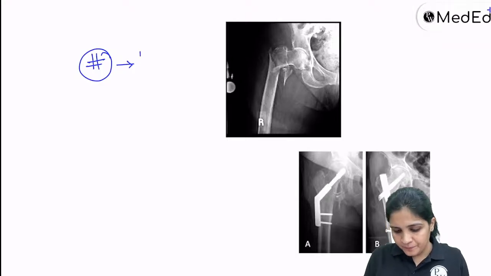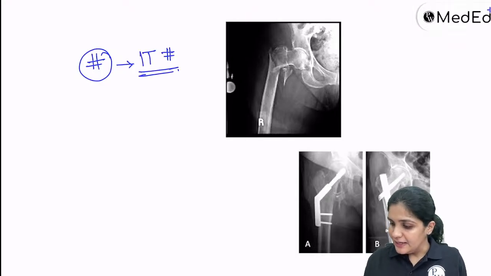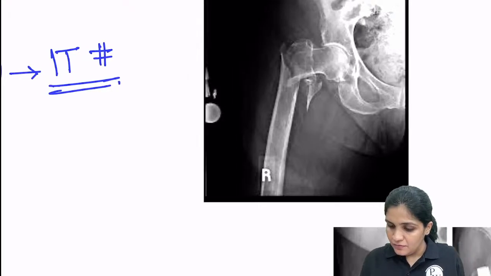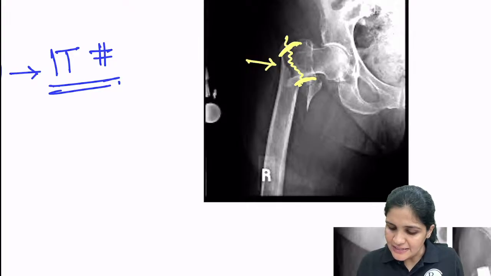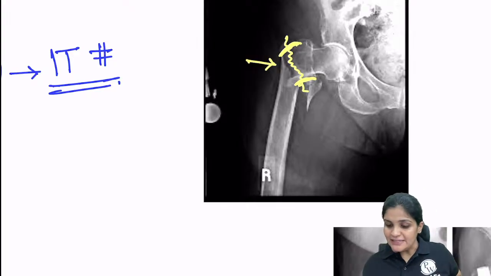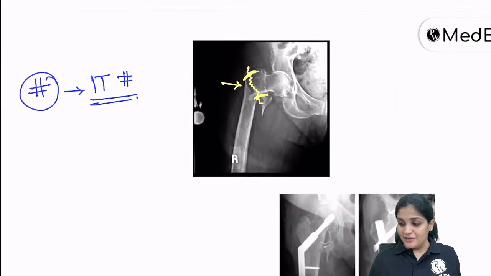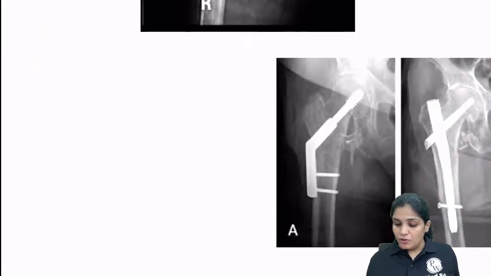This is an IT fracture, right? So you will see there is a fracture here. So this is the greater trochanter. If you remember, this is the lesser trochanter, and the fracture is extending between GT and LT, which is called the intertrochanteric fracture. And what do they ask about?